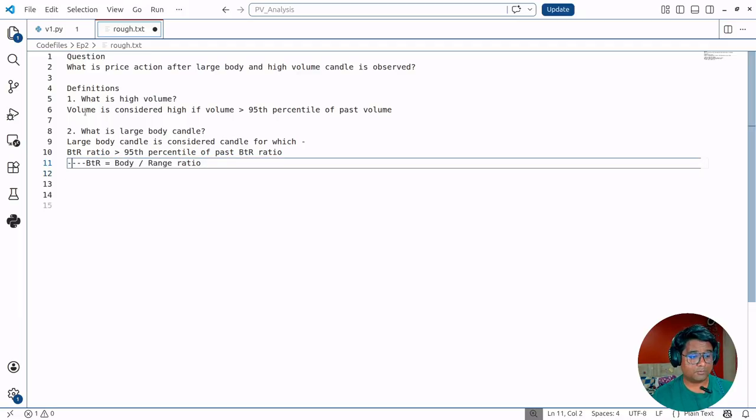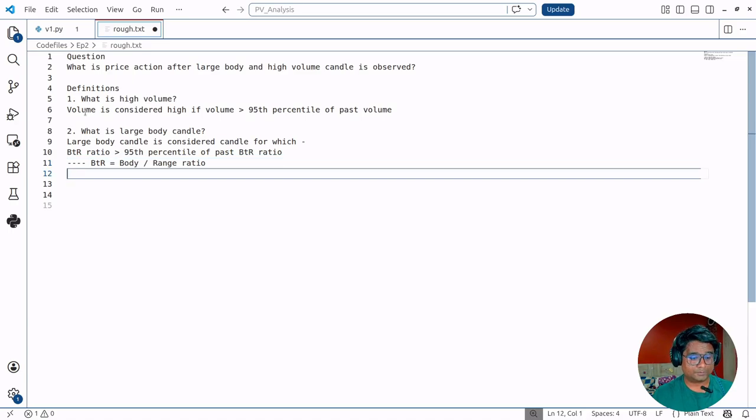Body means close minus open, or in this case we will take the absolute difference, close minus open. Absolute means whatever the difference, positive or negative, we will remove the sign and take the difference in absolute terms, that is positive.